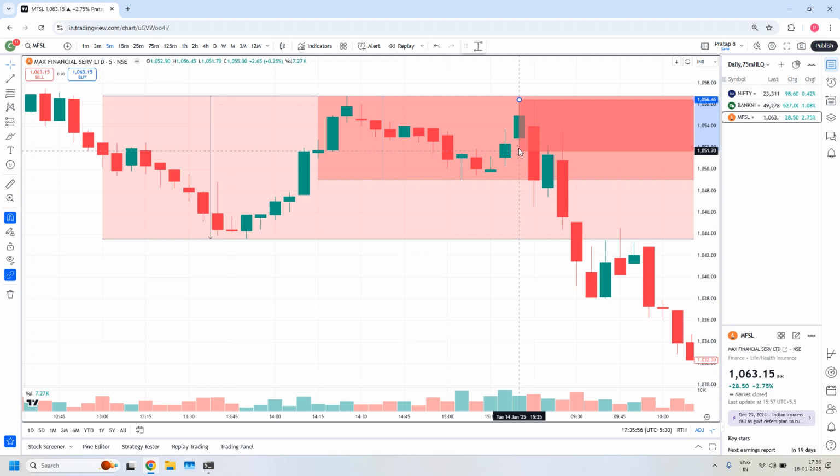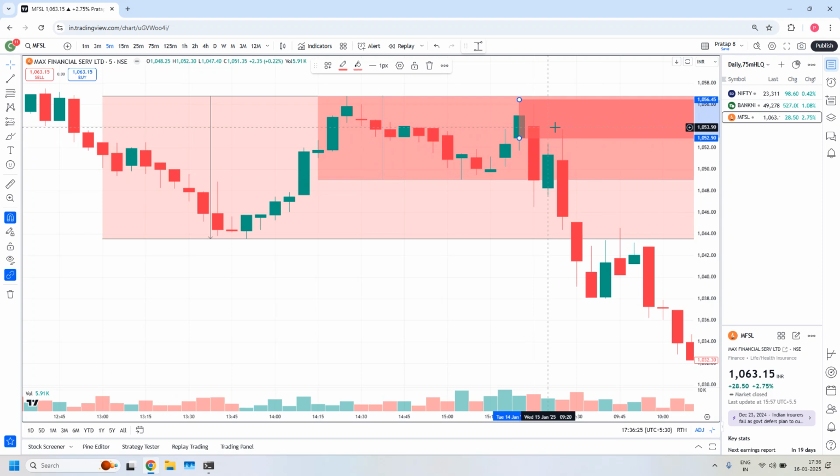Let me draw type 1 proximal. See, this green color candle already consumed the order flow from type 1. Now type 3. Type 3 mostly we don't consider, rare situations. So type 2 picked up the orders. That means this zone is a tested zone according to our high liquidity zone fine tuning of the zones.